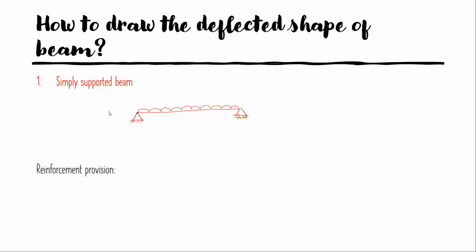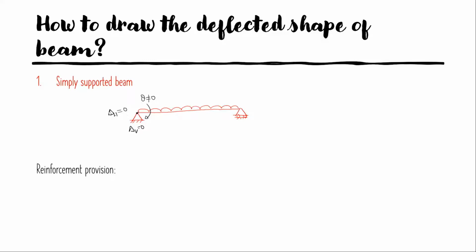Horizontal displacement is not possible, so delta H is equal to 0, and vertical displacement delta V is 0. But rotation is possible, it can rotate because it is a hinge support, so theta is not equal to 0.